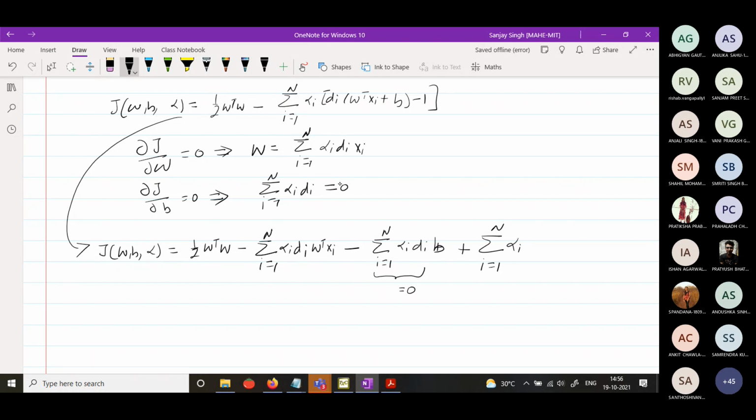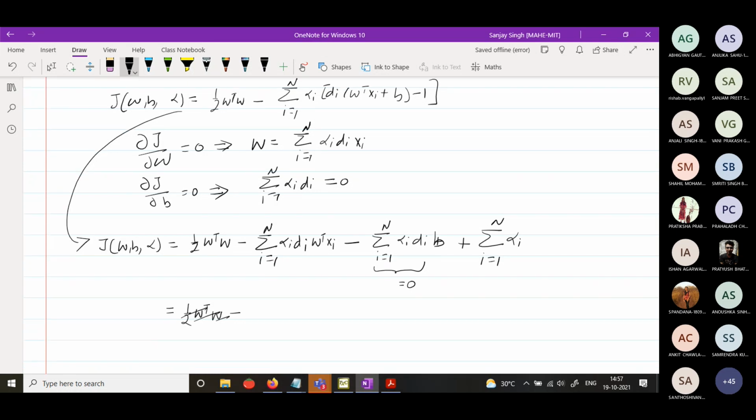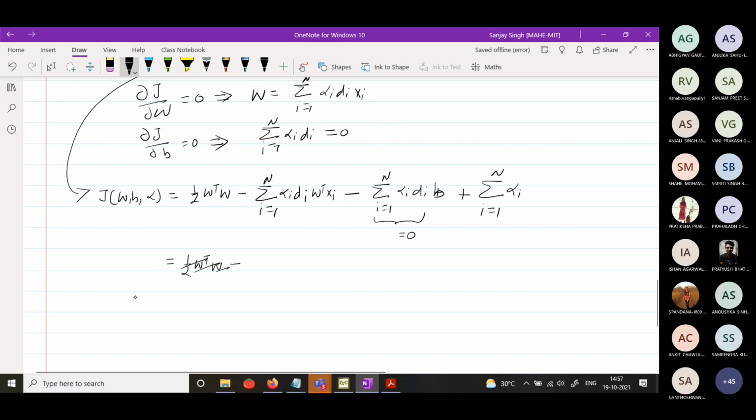Now we know that alpha i di xi is of this form, right? So can I write something like this? 1 by 2 w transpose w minus... Let's see what is going to be this value. Actually w transpose is there, so this summation alpha i di xi is nothing but w itself. But before that, let's try to understand how much this w comes out to be.